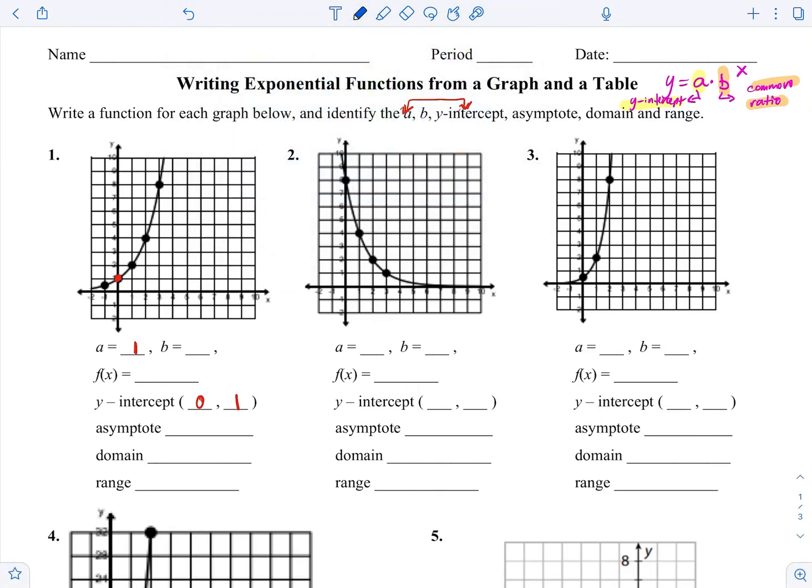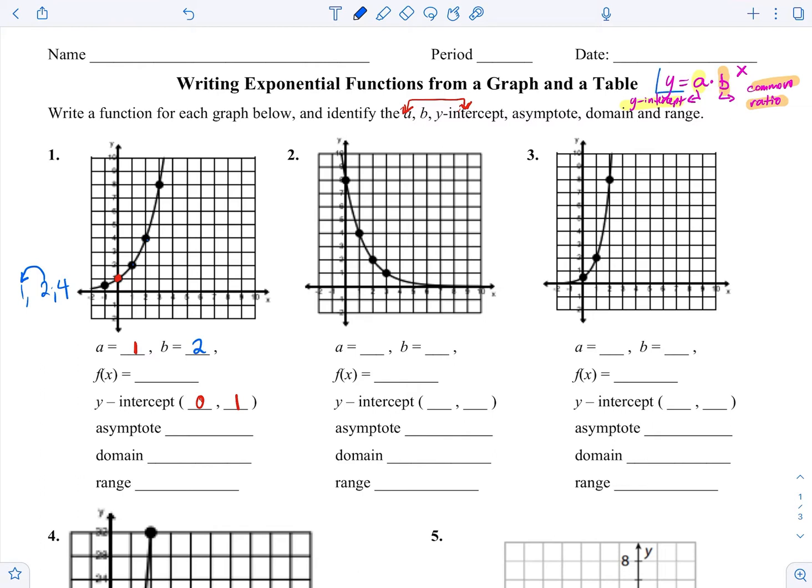All right. Now, our b, remember, is in this case the growth factor or common ratio. So since we're given here that our y is 1 and our y here is 2, our y here is 4, we can take our 2 divided by 1, and that gives us 2. So that's telling us our b is 2.